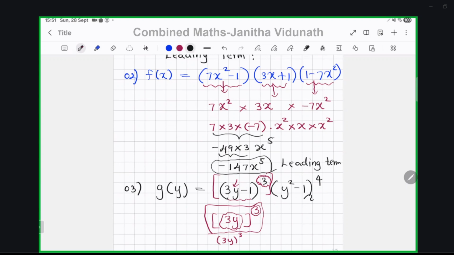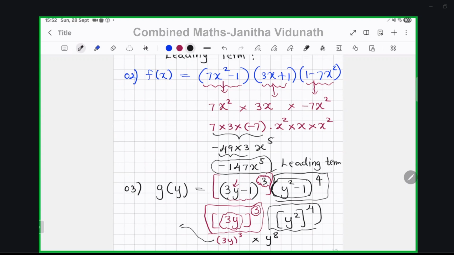Similarly, for this bracket, the highest power term is y square, and the power of that bracket is 4. That means the highest power term is y to the power 8.